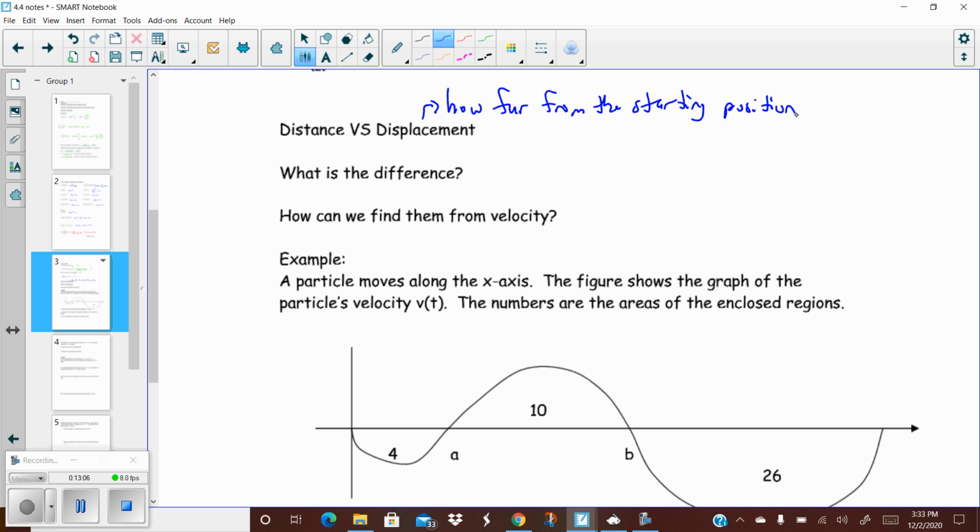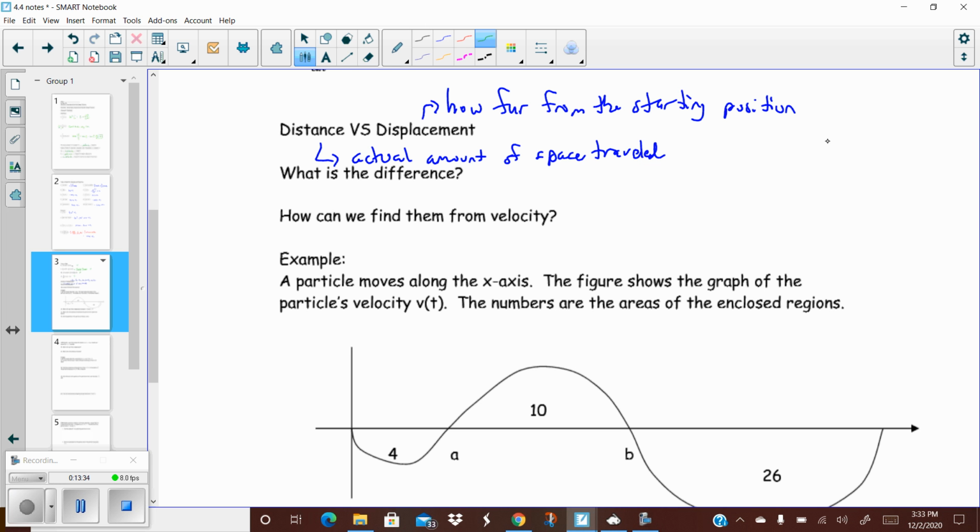Whereas distance is the actual amount of space traveled or covered.